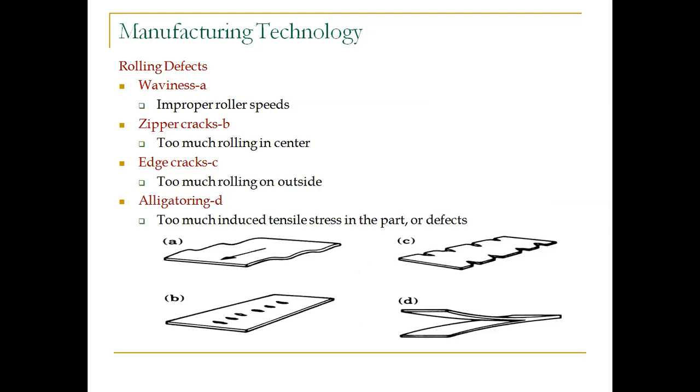Next one is zipper crack. Zipper cracks are created by too much rolling in the center. Next one is edge crack, caused by too much rolling on the outside or edge of the workpiece. And next one is alligatoring, caused by too much induced tensile stress in the part.